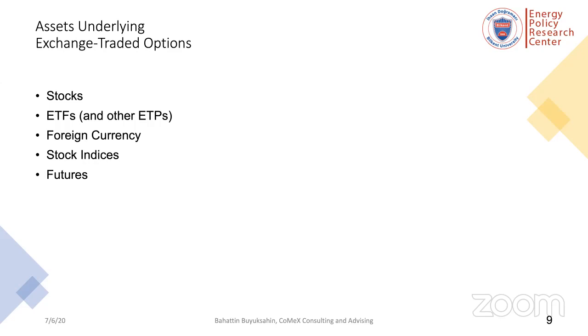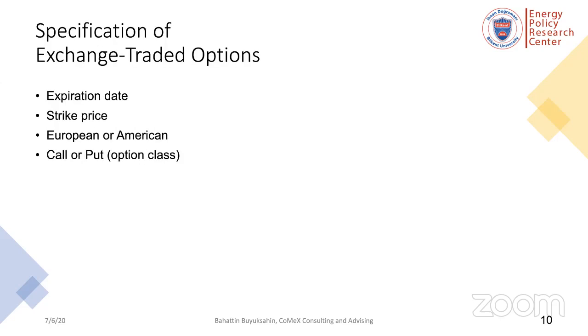In the contract specification, you have to specify the expiration date, the strike price, whether it's European, American or Bermudan, and whether it's a call option or put option.